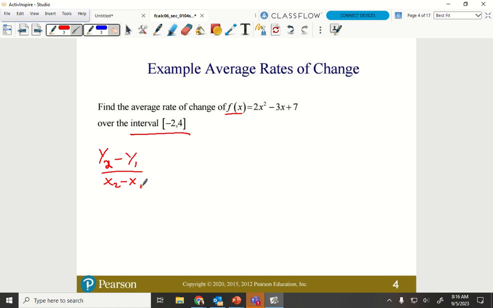So the y from the second point, at the end of my interval, is going to be f of 4, minus the y from my first point, which is going to be f of -2, all over x's, 4 minus -2.